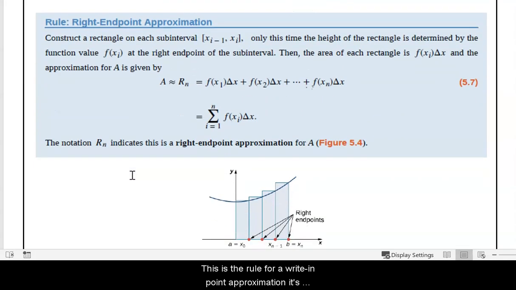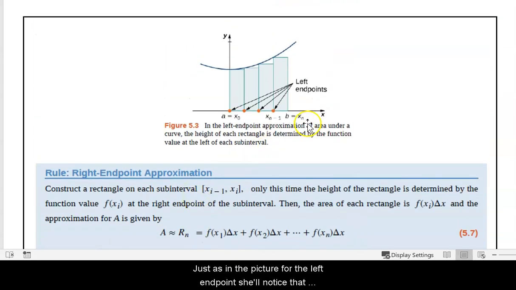These are the typical letters that you will see used for subscripts. This is the rule for a right endpoint approximation. It's basically the same as the left endpoint, except that you don't use A. Just as in the picture for the left endpoints, you'll notice that we never used B as one of the heights of a rectangle because B is never the left endpoint of a rectangle.